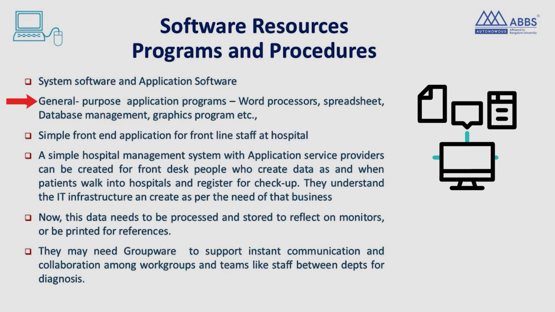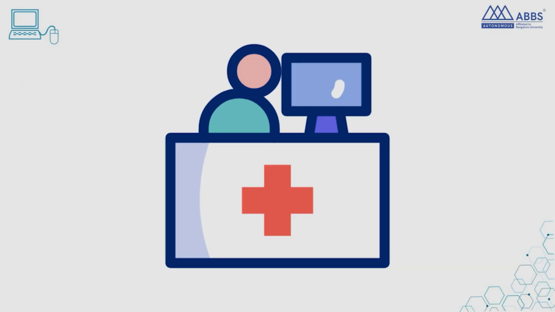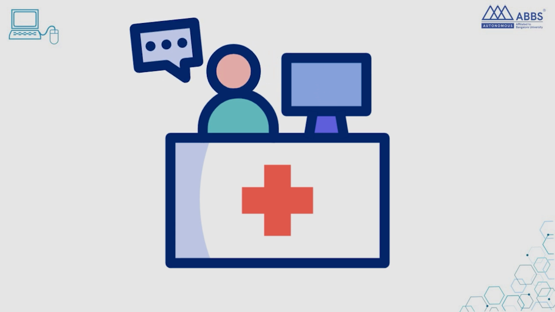When we look at general purpose application programs, like a word processor, a spreadsheet package, or a web browser, these are some of the common software packages, or better say application packages, which are commonly used in small, medium, big, or any type of industries. Not only for business, these applications are used even in personal and day-to-day activities of an individual. To understand the role of information systems, we will take the example of a hospital or healthcare management system.